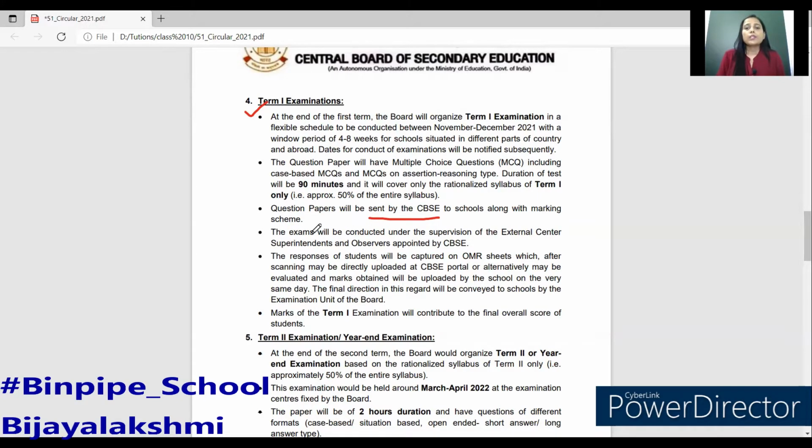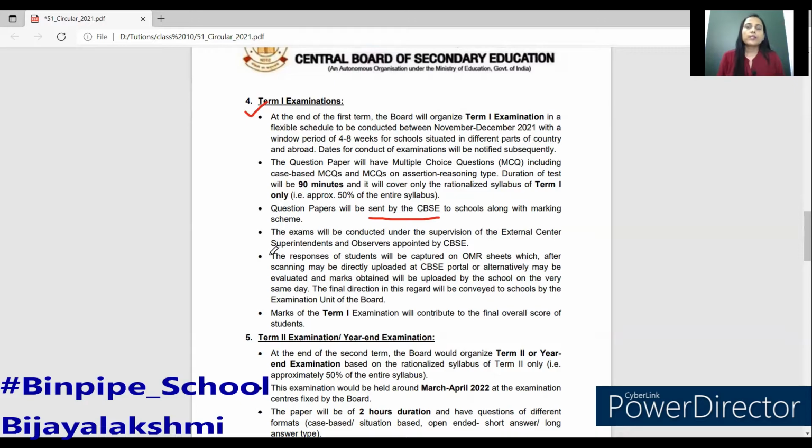Now, the examination will also be conducted under the supervision of a center superintendent and an observer, which will be sent by the CBSE. So as it happens in the board exams, the students will have to answer it in the OMR sheet. It will be assessed immediately.